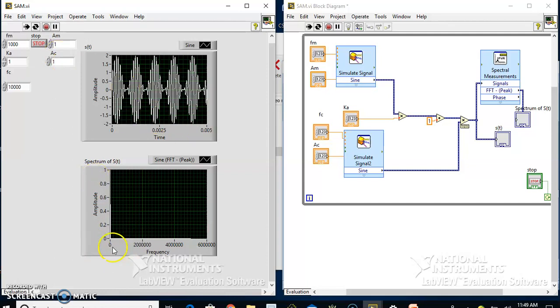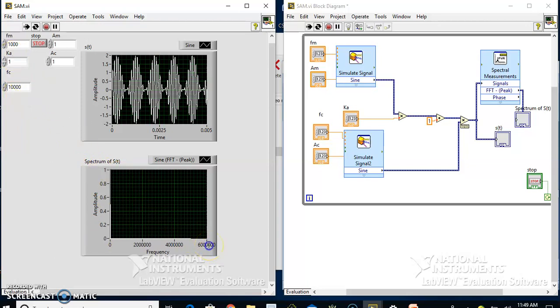And here also you are not seeing the sidebands properly in the spectrum, so it's better you take out the auto scale of this also. I know that since the carrier frequency is at 10 kHz, the sidebands will be at 11 and 9 kHz.